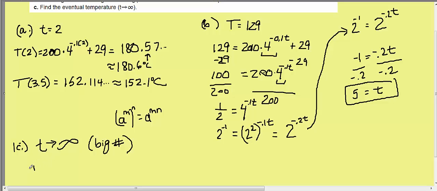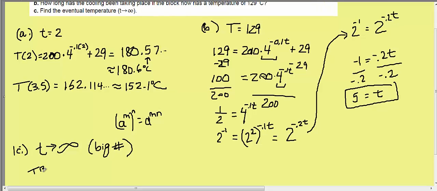Like you could go to table set on your calculator, and you can just start it at something large. So at the start, just put in 1,000. What you'll see is all the y values, these are the capital T values, are all 29. So that just kind of leads you to believe what the answer is going to be.